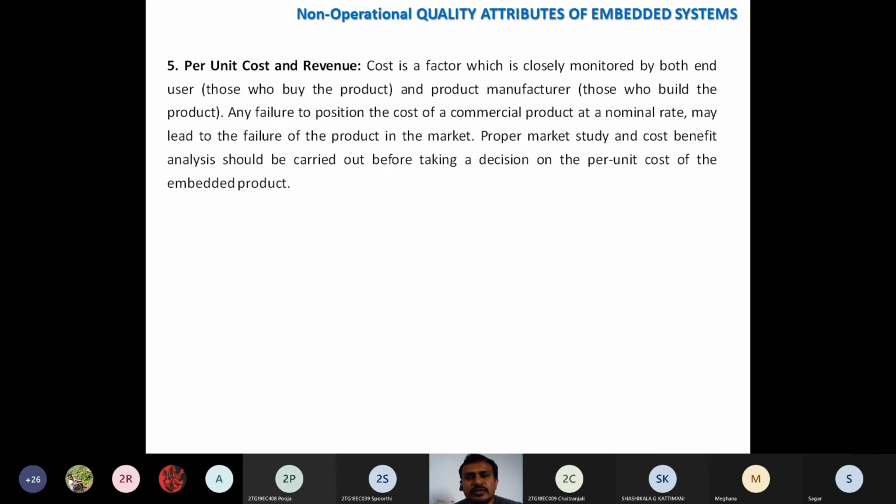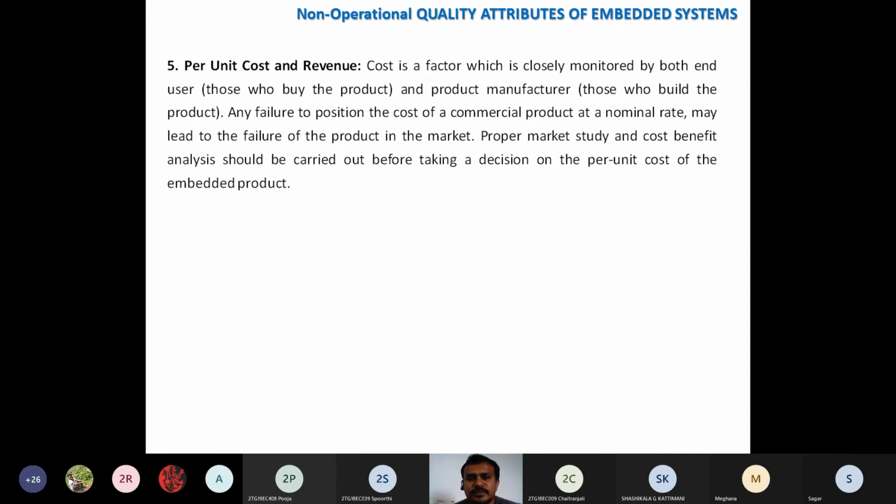If there is not a nominal rate for that product or unit, it may fail in the market. So a proper market study and cost benefit analysis should be carried out before taking a decision on the per unit cost, because the revenues depend on per unit cost.